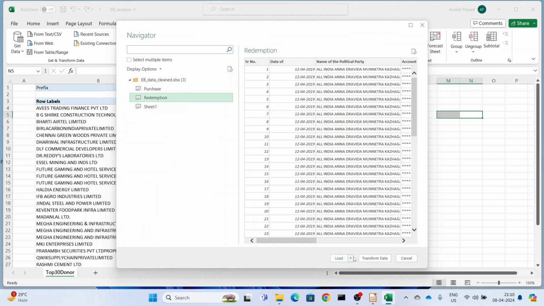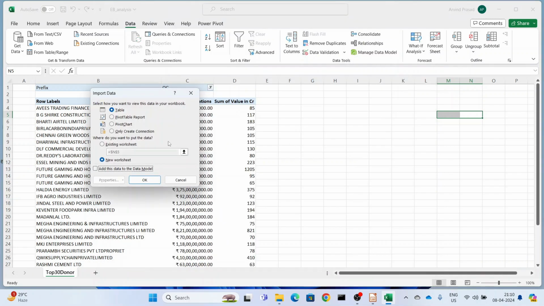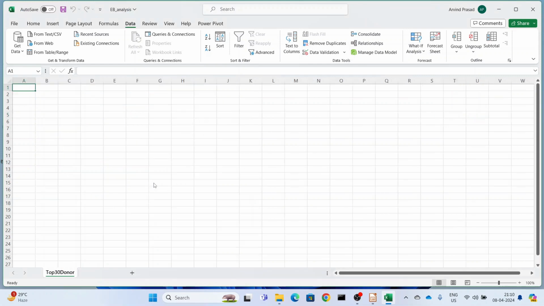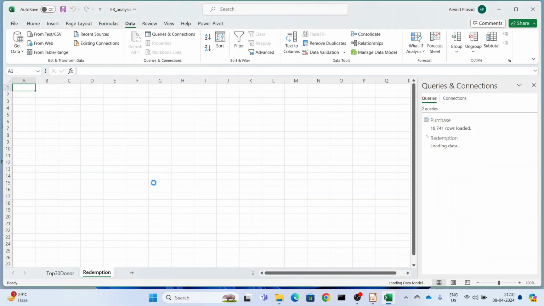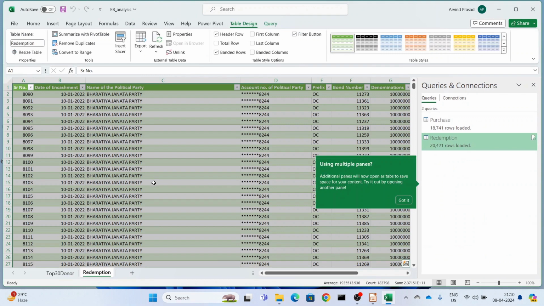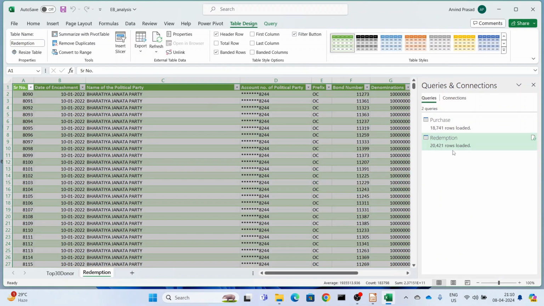So we load it, and this time we click on load to, and we say table, new worksheet, and we add this to our data model and click OK. So let the data load.